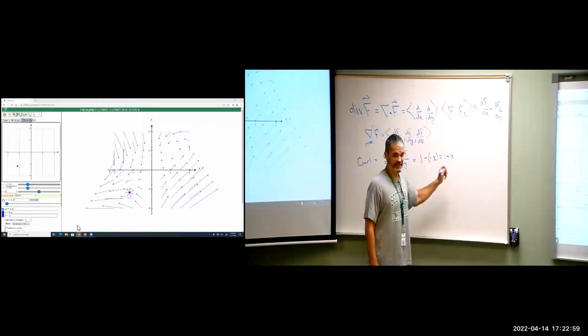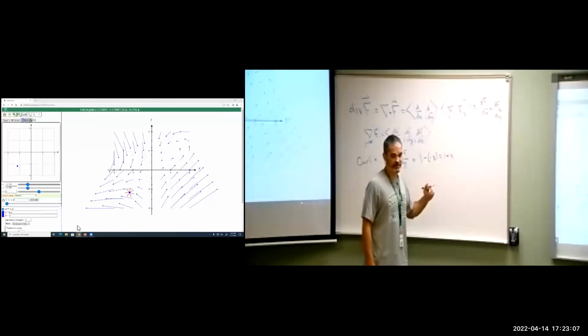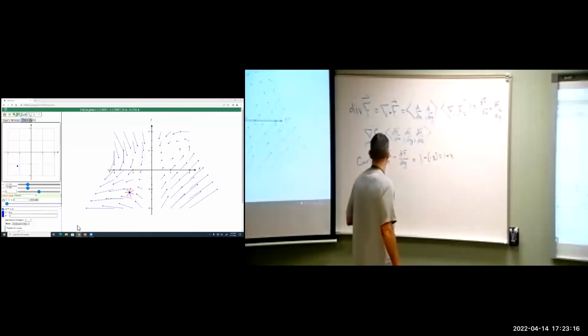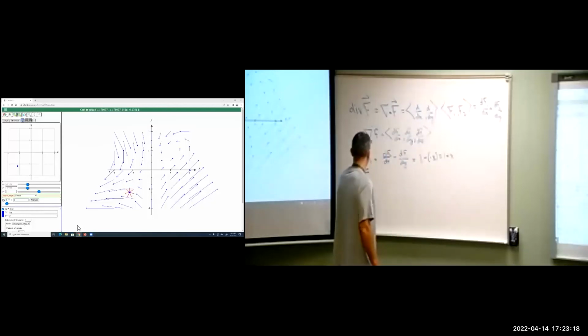And it makes sense that it varies because we saw that the rotation was different depending on where we were in the vector field. If the rotation had been constant, we would have expected this to be constant. If it would have been 0, we'd expect it to be 0. In fact, here's a vector field we looked at last time, y, x.